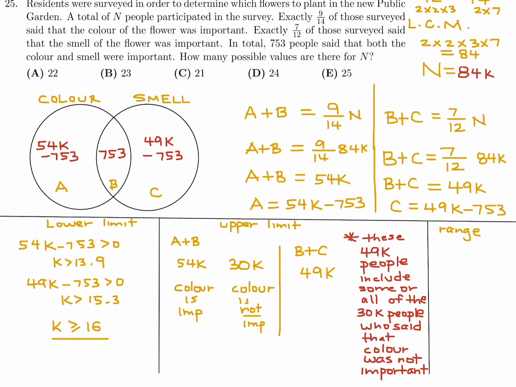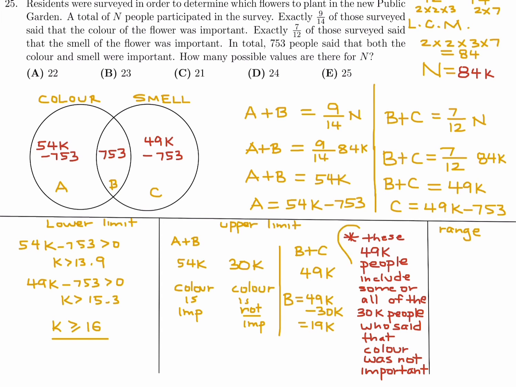So that means that B would be equivalent to 49k minus 30k, and therefore that is 19k.